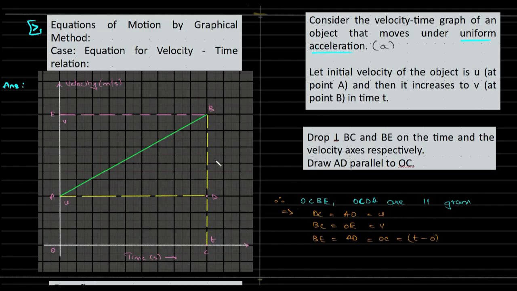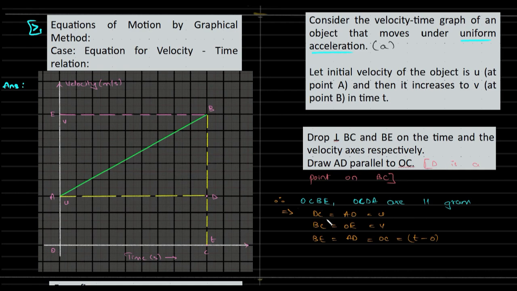Now draw perpendicular BC BE, that is the projection of B onto the x and y axis, that is time and velocity axis, and draw a perpendicular AD parallel to OC, intersecting BC at point D. Okay, so this is your diagram.